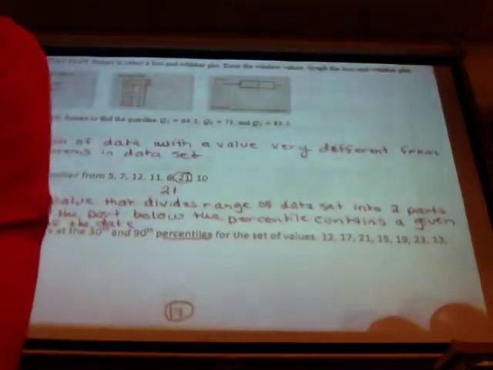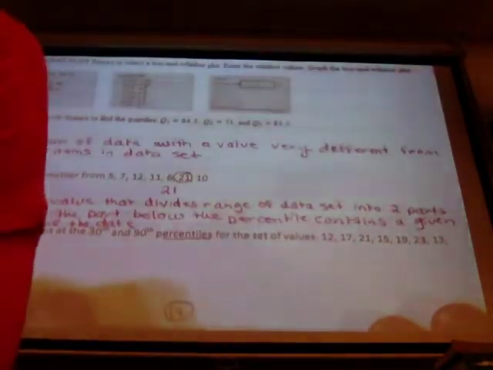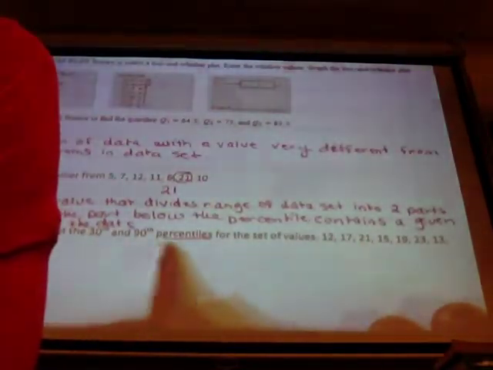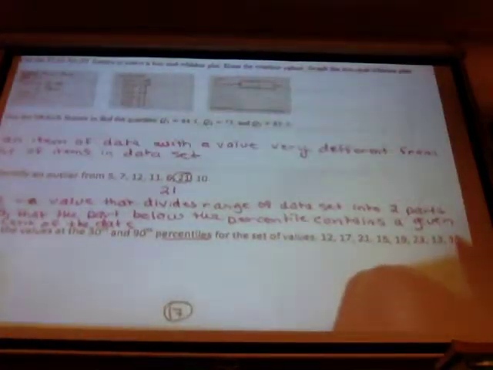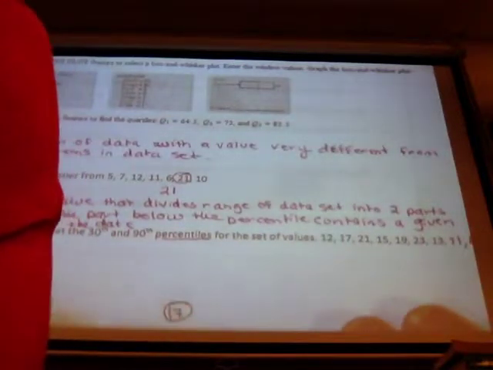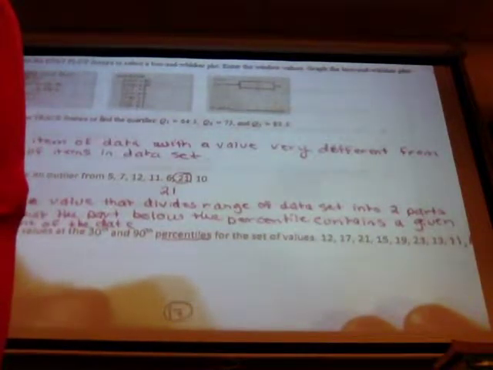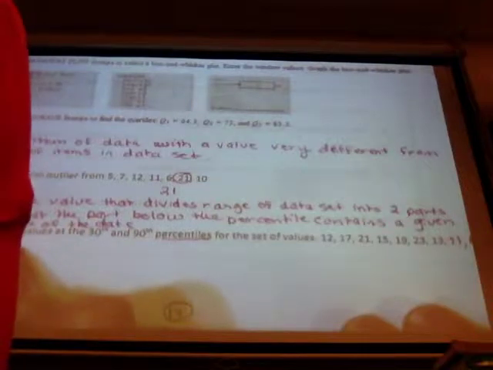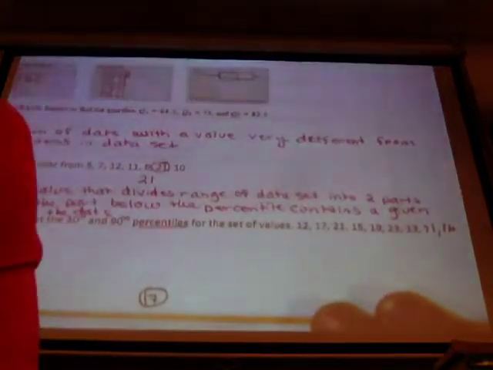Okay, so if you look at this one, an example, and this is something in your homework, find the 30th and 90th percentile, and we're going to add a couple of numbers here, otherwise it doesn't work out, that we left out. Okay, so the first step you do is, I added 11 and 16. The first thing you do is order your values.